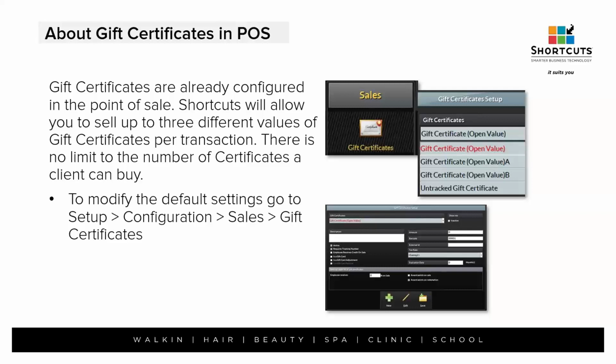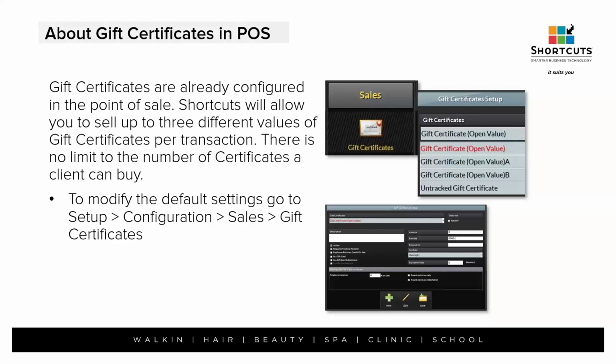Now, technically, when a customer buys a gift certificate from your salon, you can use any Open Value. It doesn't really matter which one you choose. The reason we have three different versions is because if the customer says, I'd like to get a $50 gift card, you choose an Open Value.